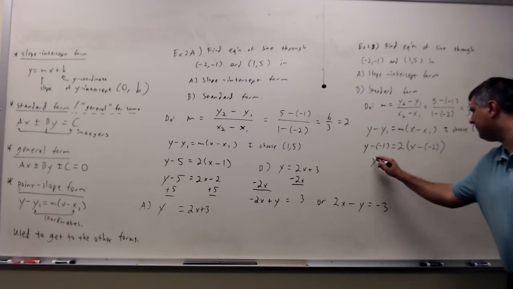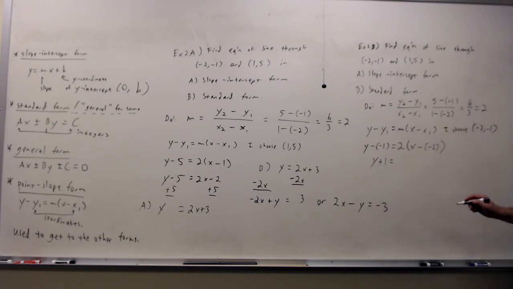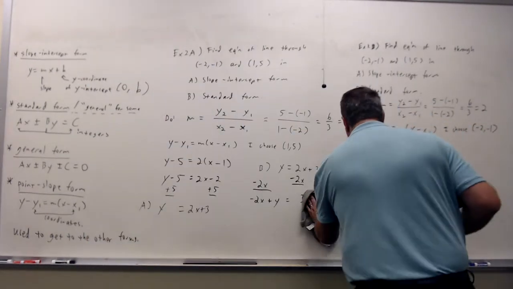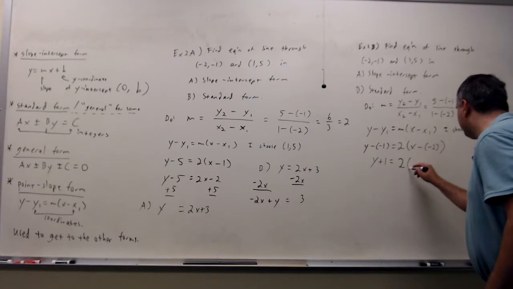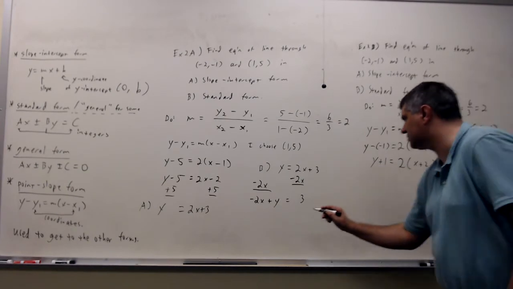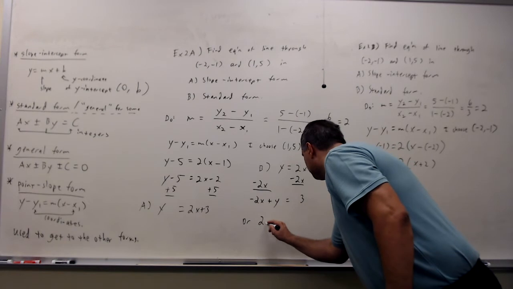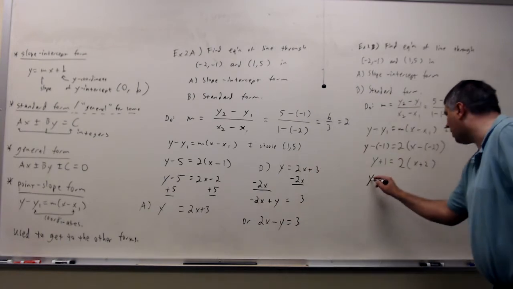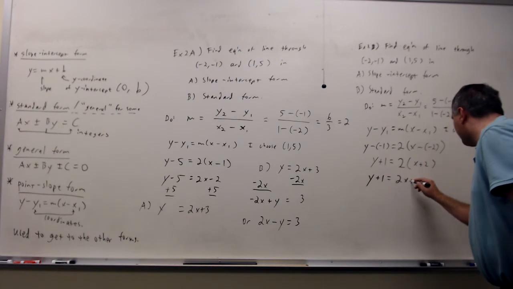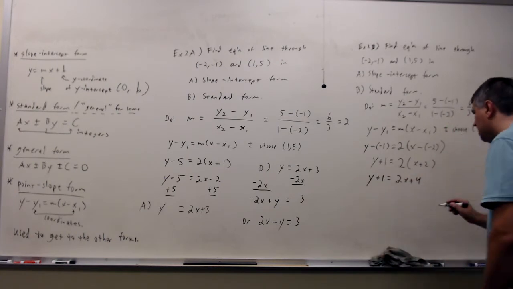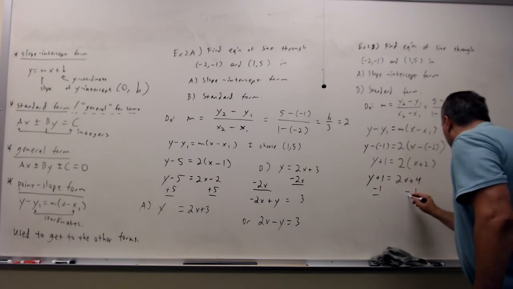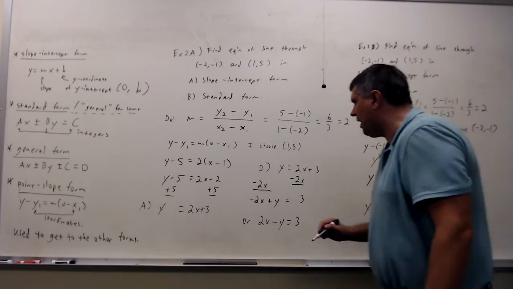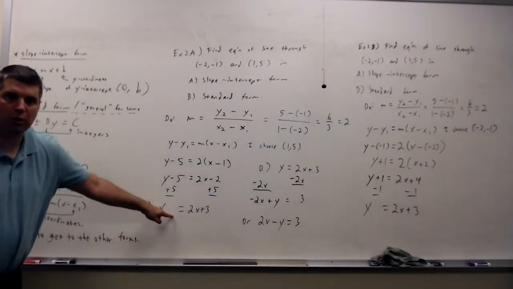So that will be y plus 1 equals 2 times x plus 2 when I simplify this. So y plus 1 equals 2x plus 4. Subtract 1, and y equals 2x plus 3. Okay, a match with what we got before.